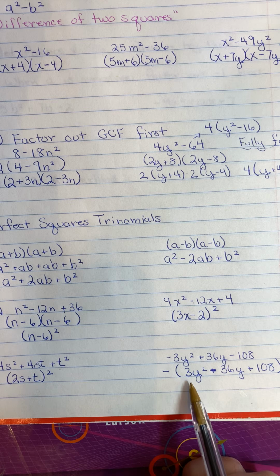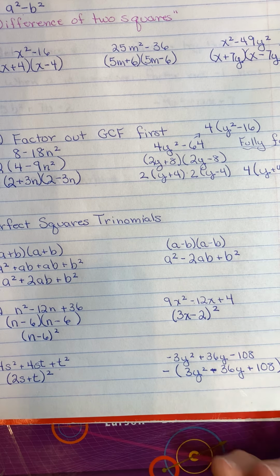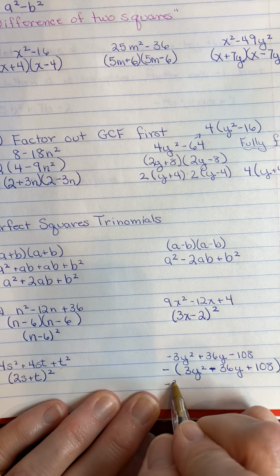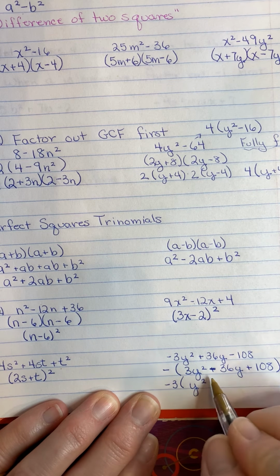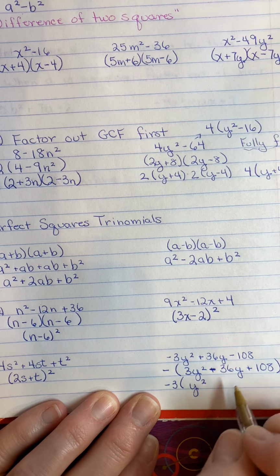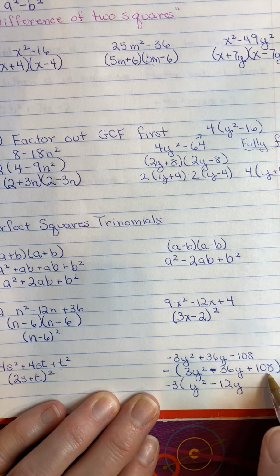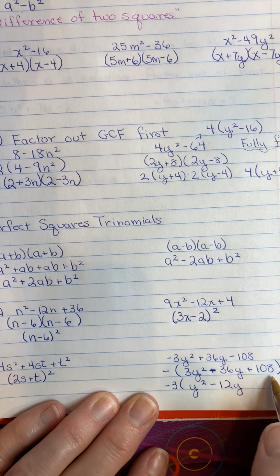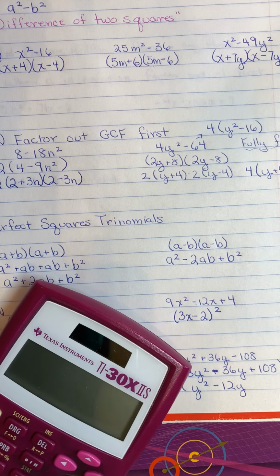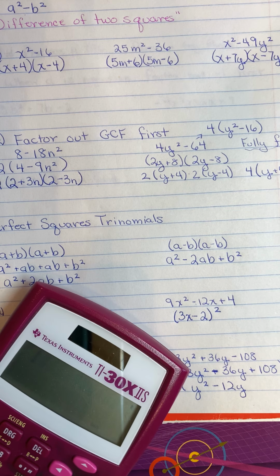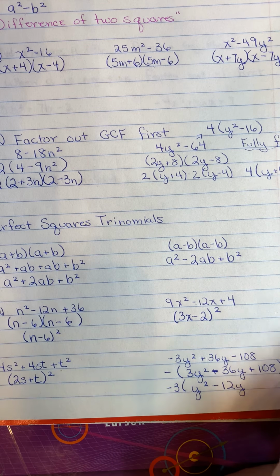But I'm thinking, well, what if I factored off a 3? So let's pull out the -3. Then I would have a y squared. This is supposed to be minus 36 divided by 3 is 12. And 108 divided by 3 is, I have to grab my calculator. 36.